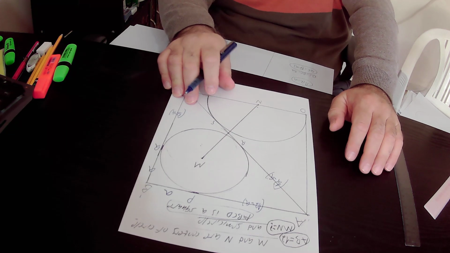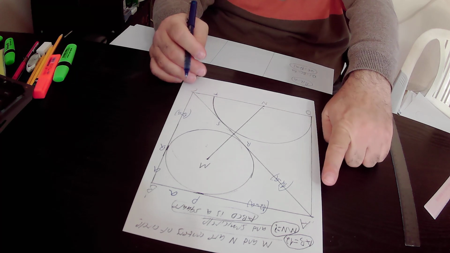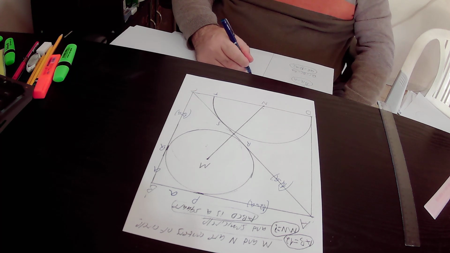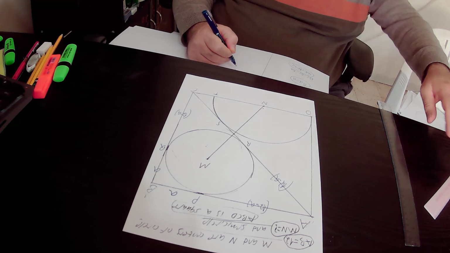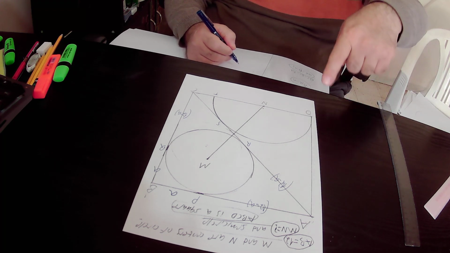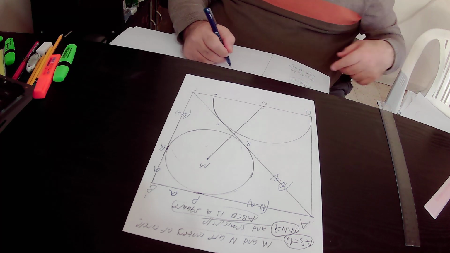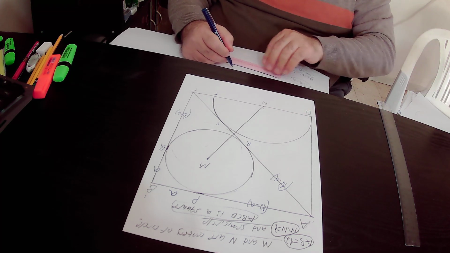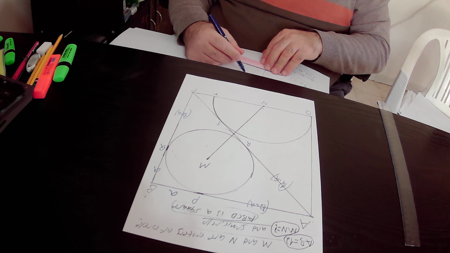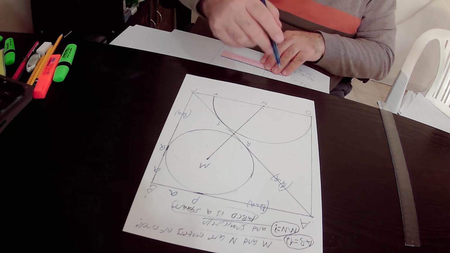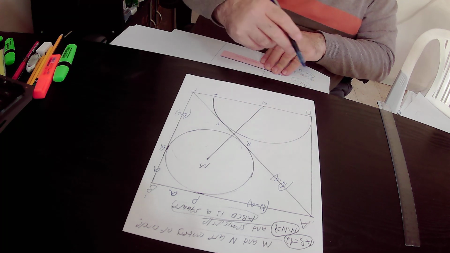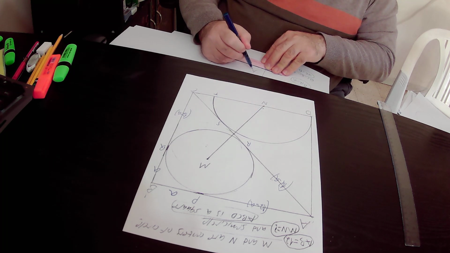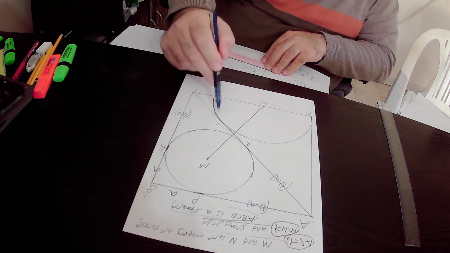We will continue to focus on the external point, point A. From the external point A, we have two tangents to the semicircle. The first tangent is tangent AD, and the second tangent is tangent AS.